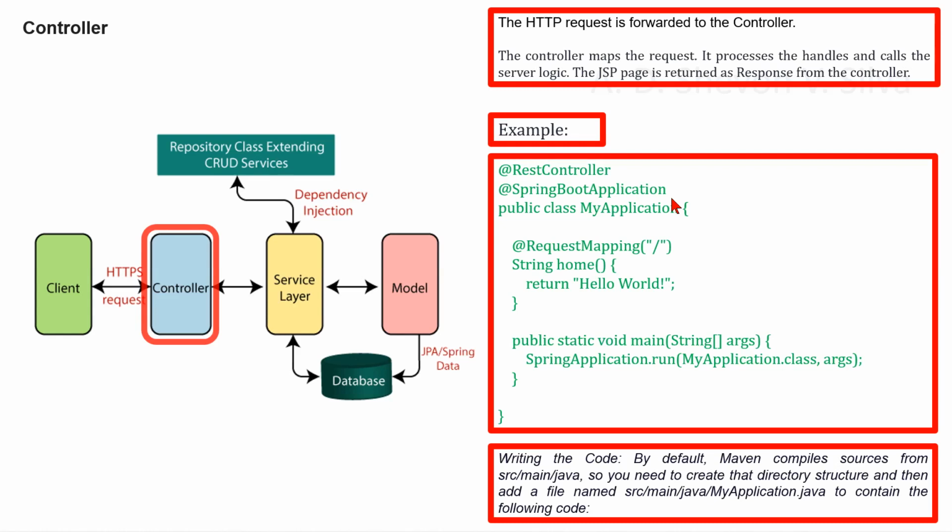Of those, the annotation we're most interested in here is @EnableAutoConfiguration. @EnableAutoConfiguration tells Spring Boot to guess how you want to configure Spring based on the jar dependencies that you have added.